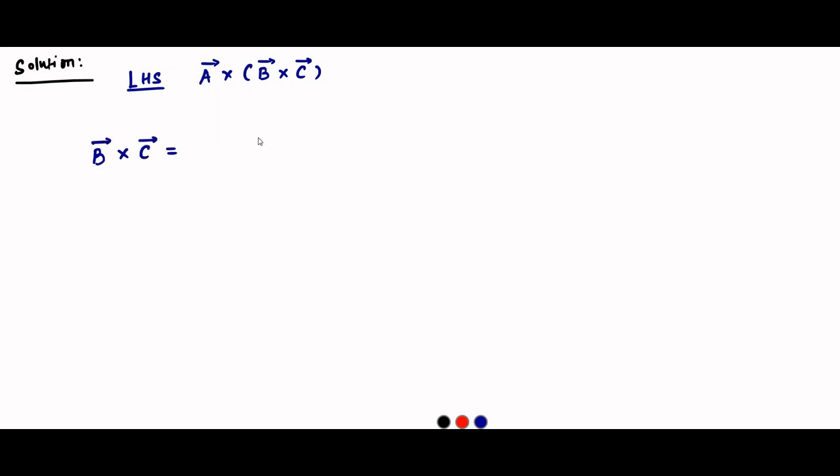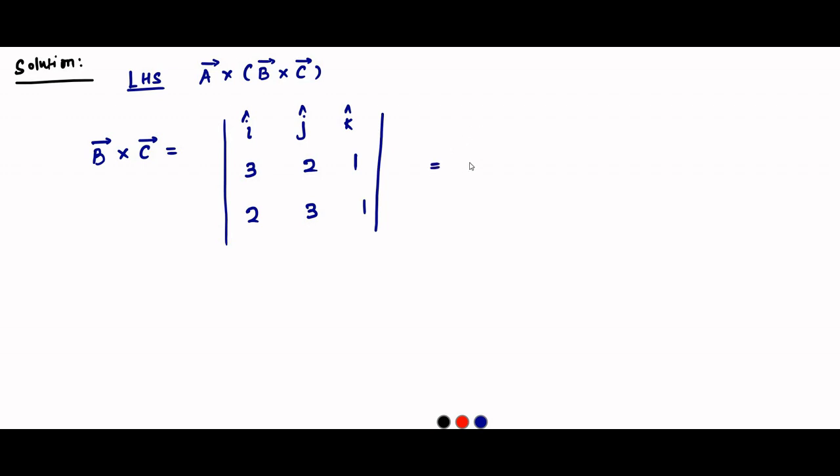We'll do it using the cross product method: i cap, j cap, k cap. Then we have the components x, y and z. B vector is 3 i cap, 2 j cap and k cap, so 3, 2, 1. And c vector is 2 i cap plus 3 j cap plus k cap, so 2, 3, 1. Okay.